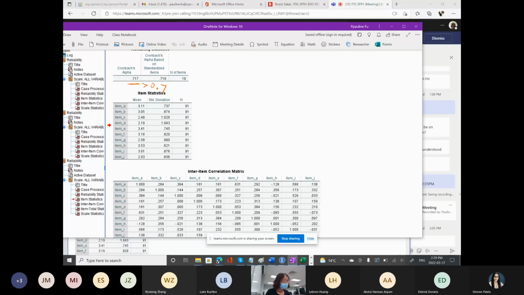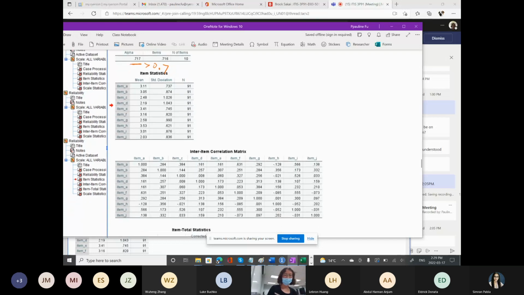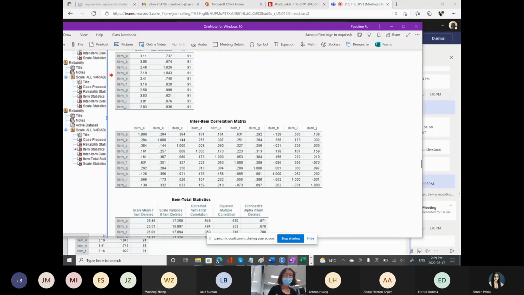And we have this inter-item correlation matrix. In this correlation matrix, you see some negative numbers. Did you see some negative numbers? I see it.